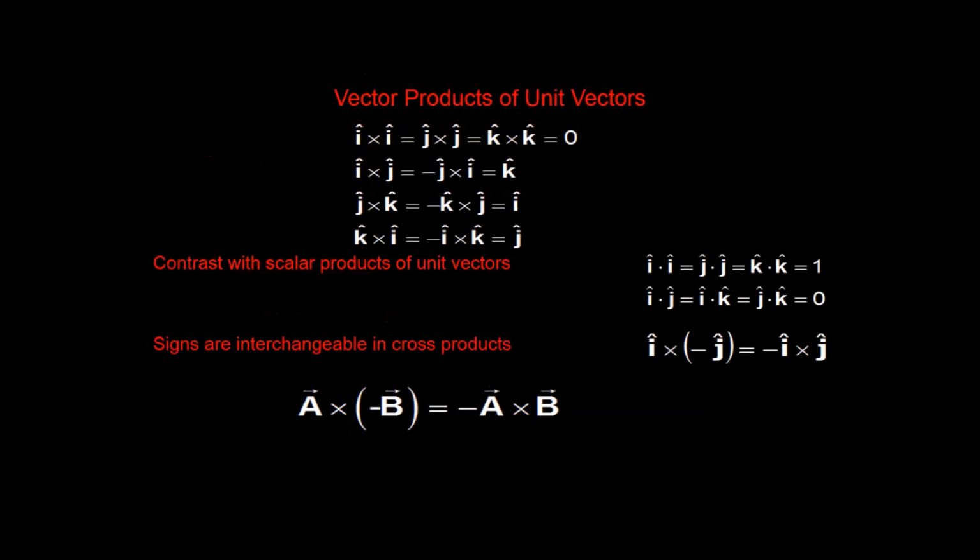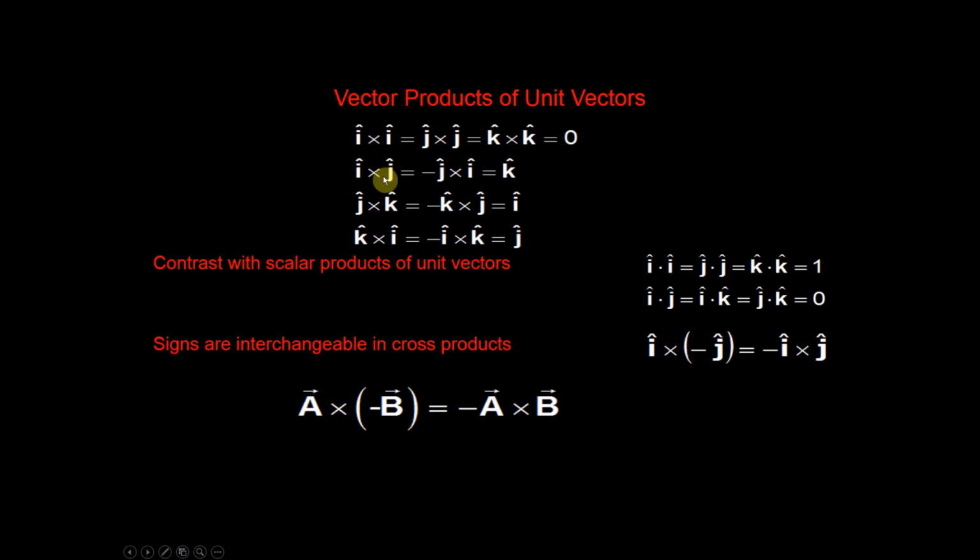Now, where the vector product severely differs from the dot product is that in the cross case, I cross I, J cross J, and K cross K are 0, whereas our axis crossed with any other axis will give a non-zero result back.